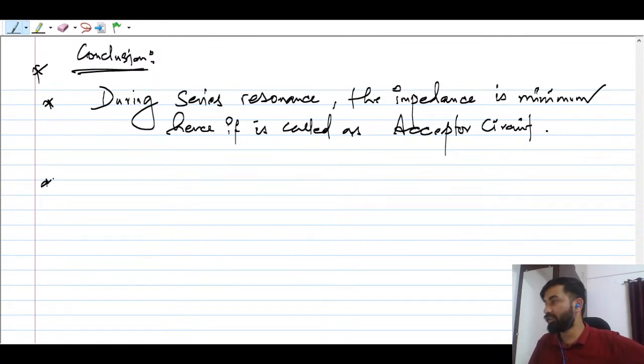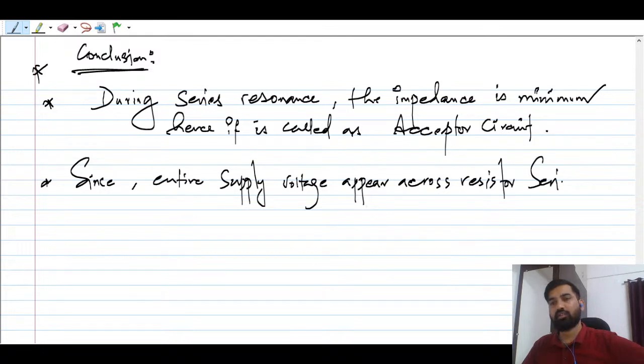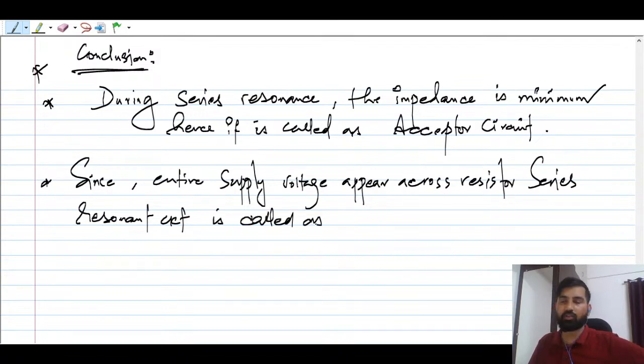You need to keep this in mind: since the entire supply voltage appears across the resistor, the series resonant circuit is called a voltage amplification circuit. Please remember, voltage amplification.